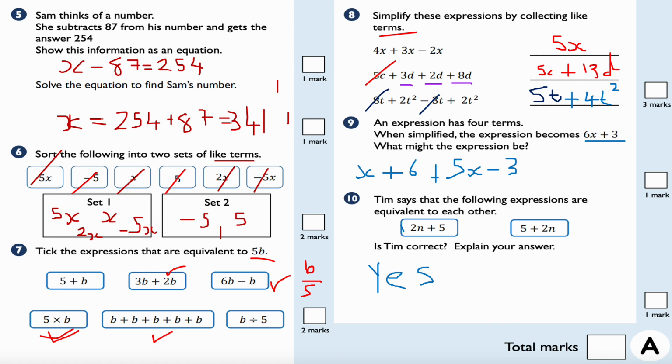I've got positive 2n there, and I've got positive 5. And if you look at my signs here, I've got plus 5 there, I've got plus 5 here, I've got plus 2n, I've got plus 2n. So they are equivalent to each other. So Tim is correct, yes. So that is my answer for that question, guys.